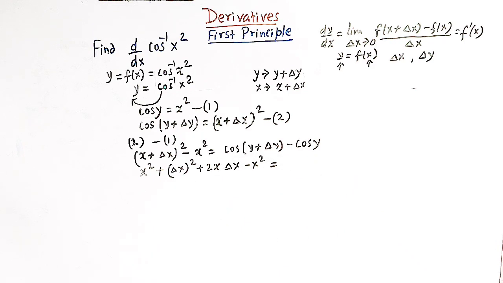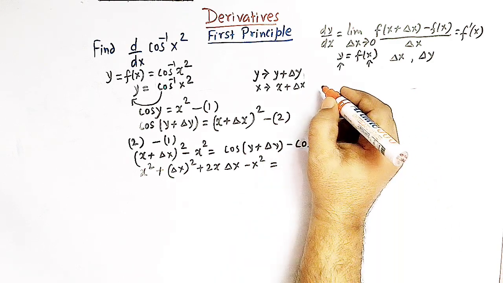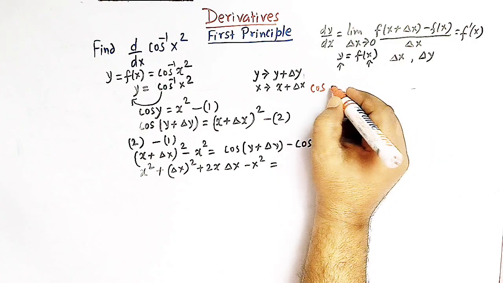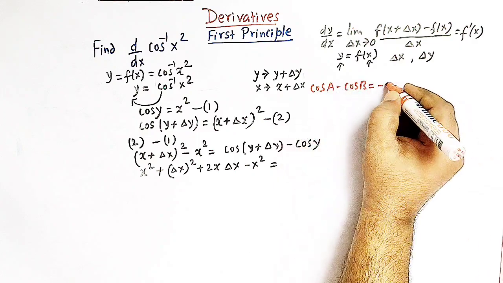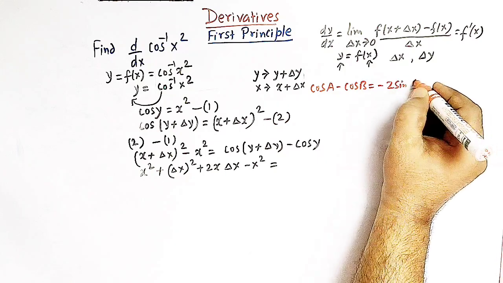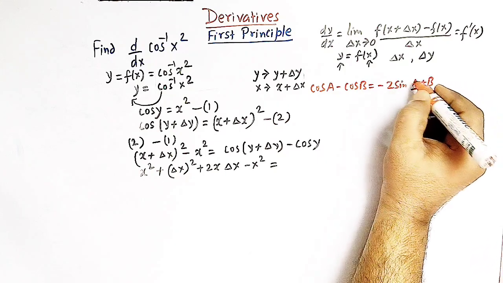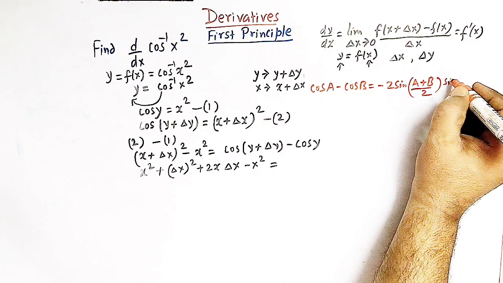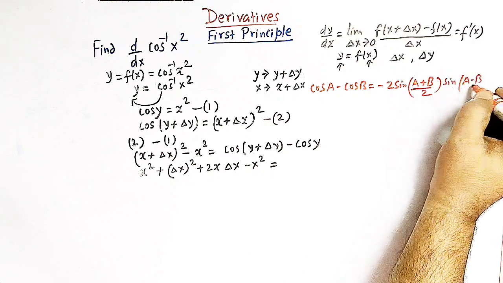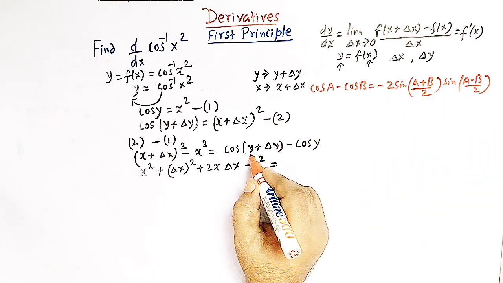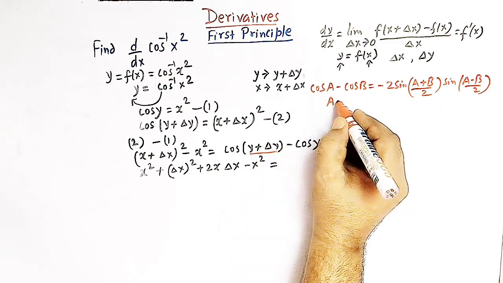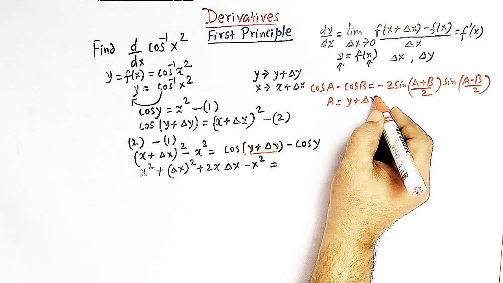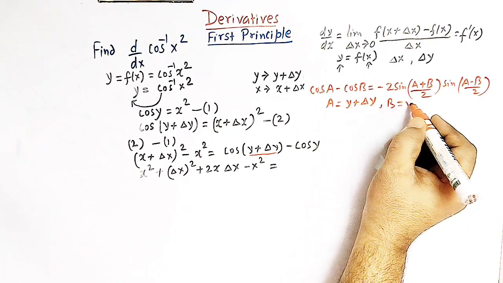So here we can make use of an important identity from trigonometry, that is cos of a minus cos of b is equal to minus 2 sine a plus b over 2, and here we have sine a minus b over 2, right? So we can take a as y plus delta y, and b as y.